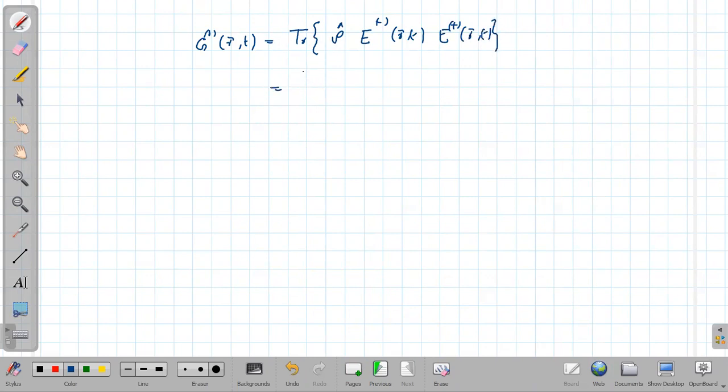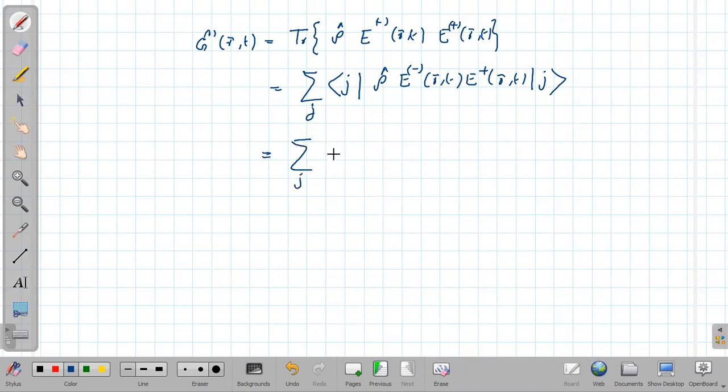Now the trace would be a sum over some other symbol. You can use sum over j, inner bracket j, rho, E minus (r,t), E plus (r,t), j.